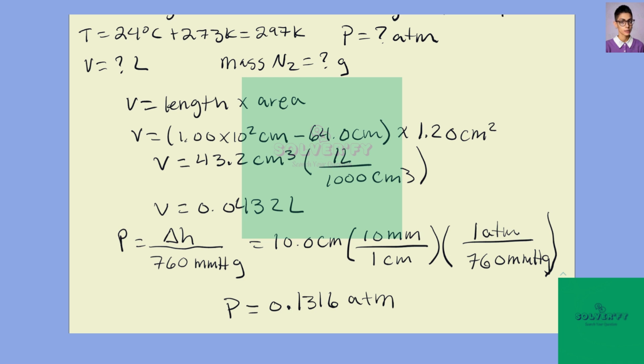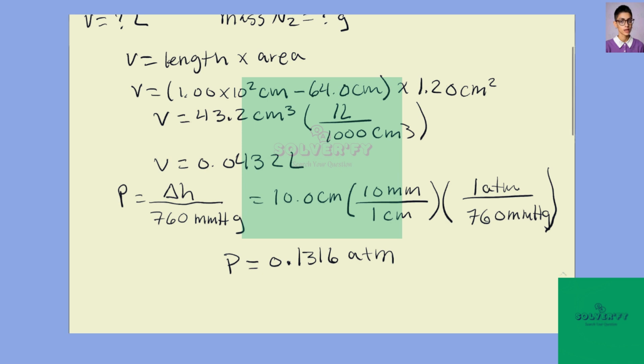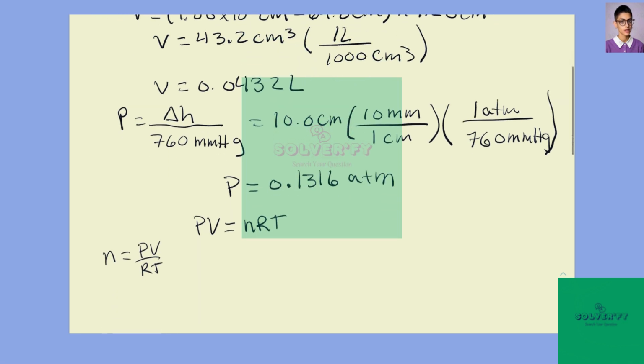Alright, so we found our pressure and we found our volume. So now we can look for the moles of nitrogen. So PV is equal to nRT. We need to solve for n, so PV over RT. So n is going to equal 0.1316 atmospheres, times that by our 0.0432 liters.